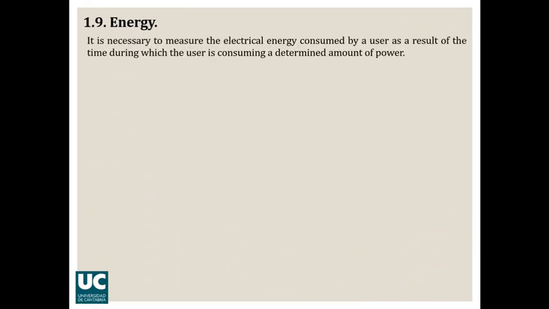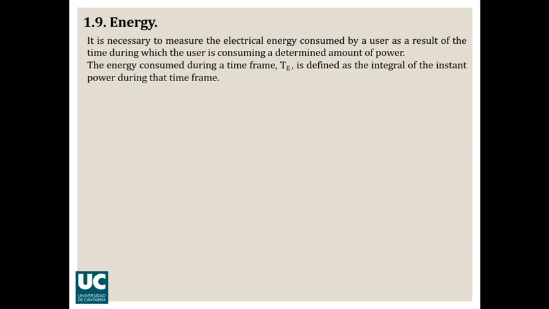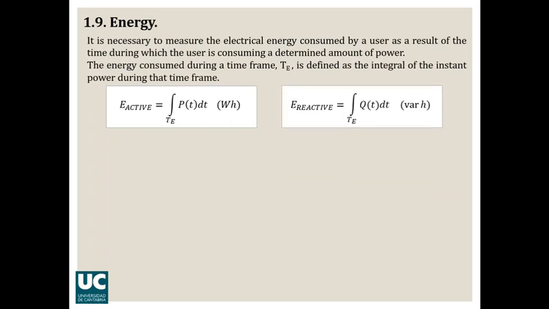The electrical companies need to measure the energy we consume in order to charge us with an invoice. As you know, there are two types of power, active and reactive, and subsequently there will be two types of energy. The energy is defined as the integral of the product of the instantaneous power by the time over a particular period of time.